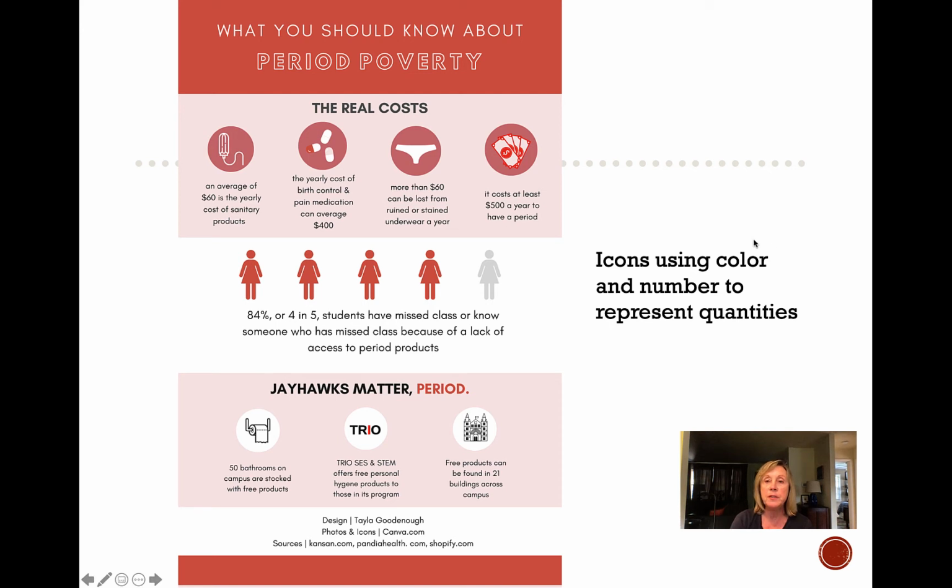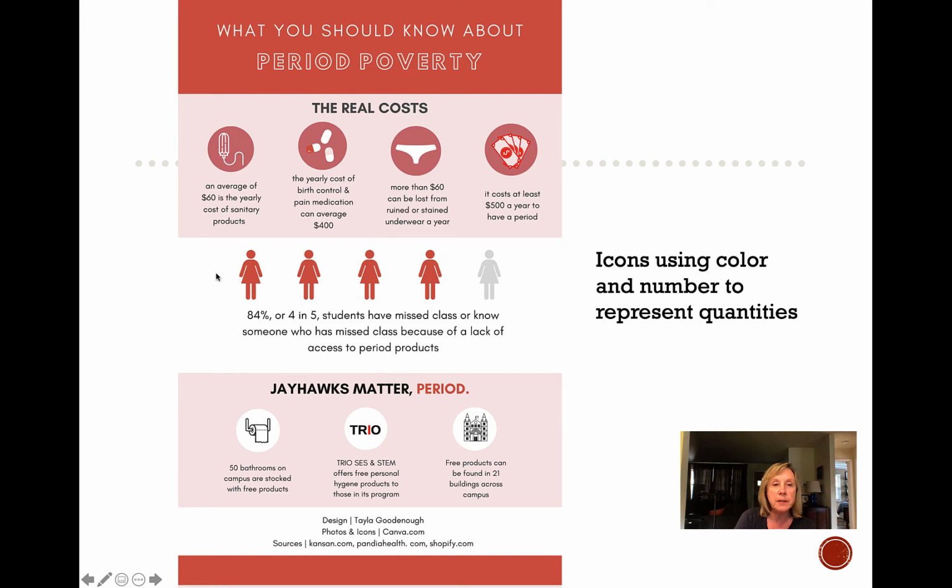Here's an example of using icons and color and number to represent quantities. In this infographic, which is about period poverty, in other words, how the costs of menstruation and availability of menstrual products affects women, she is showing that 4% or 4 in 5 students have missed a class or know someone who has missed a class because of lack of access to period products.